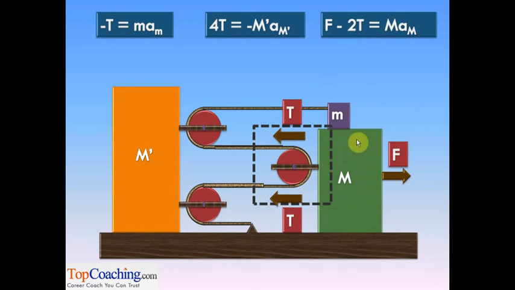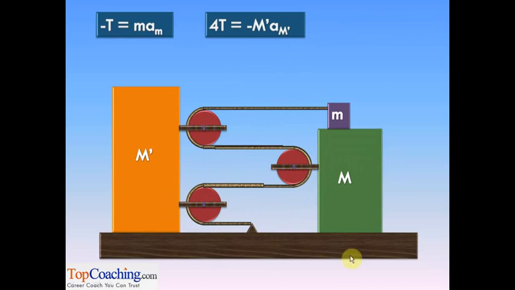So I have basically assumed that the acceleration of the small mass m and the acceleration of capital mass m is towards the right, and I have assumed that the acceleration of m dash is towards the left. Doing so helps me with writing my constraint equation. I will write the constraint equation considering the fixed point to be this particular point, this triangle made of wood that is placed here.